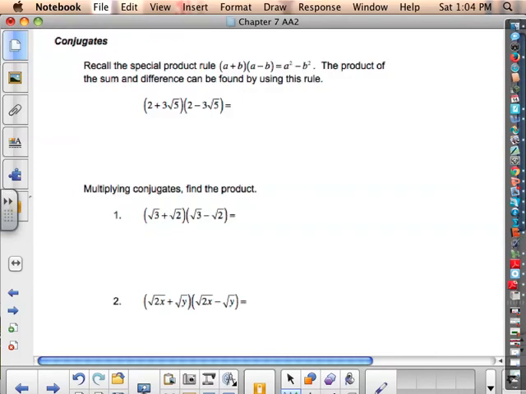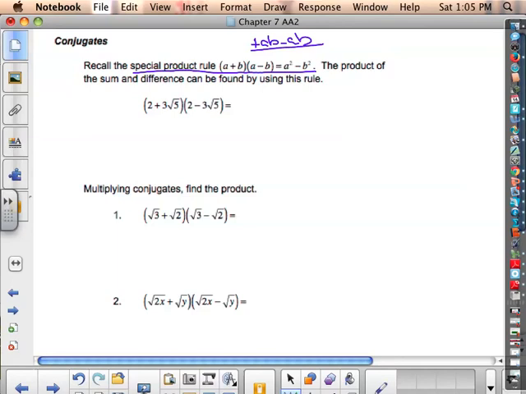Okay, conjugates. This is the last part of this section. And a conjugate, if you remember the special product, a plus b times a minus b gives you a squared minus b squared. Remember, the very fact of FOILing causes those middle terms, one to be plus ab and one to be minus ab, and then they cancel. So the product of the sum and difference can be found by using that rule.